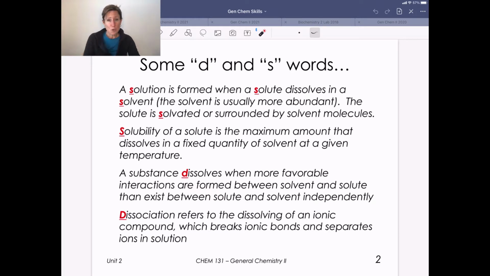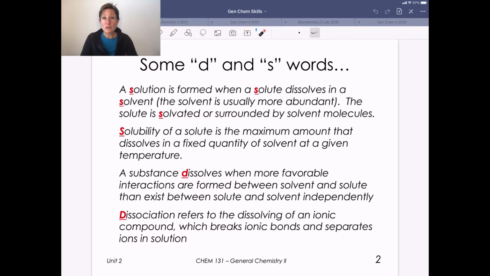2 D words that are important, and it's really important that you understand the distinction between these 2 D words. A substance dissolves when there are more favorable interactions between the solvent and the solute than exist with the solute and the solvent independently. We're going to talk about this like a friends analogy. You have 2 solutes interacting over here. You've got 2 solvents interacting over here.